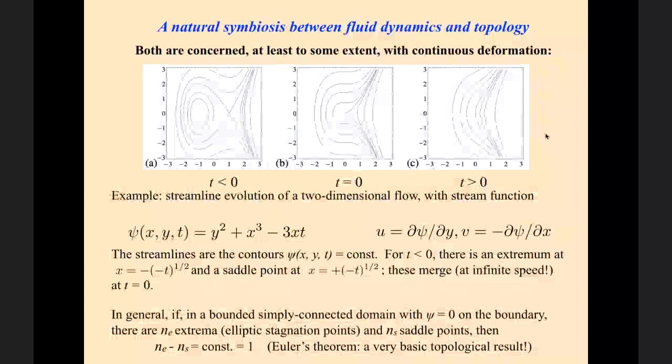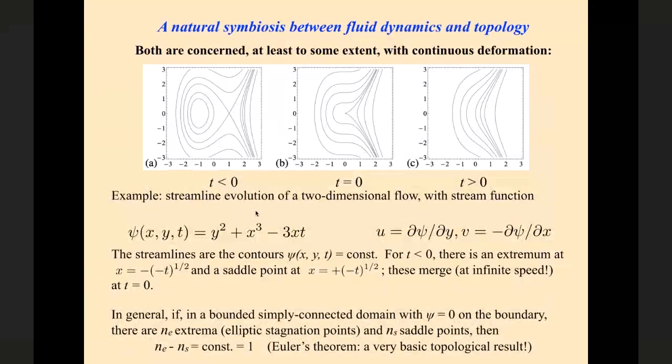Well, to come to a little bit of serious mathematics, as I say, there's a natural symbiosis between fluid dynamics and topology, both being concerned, at least to some extent, with continuous deformation. Here's an interesting example, I think.